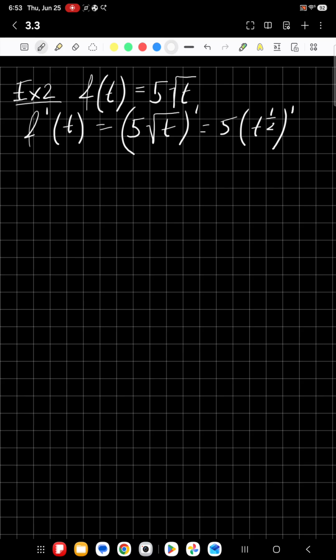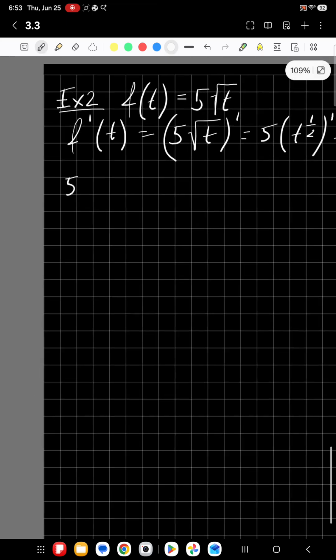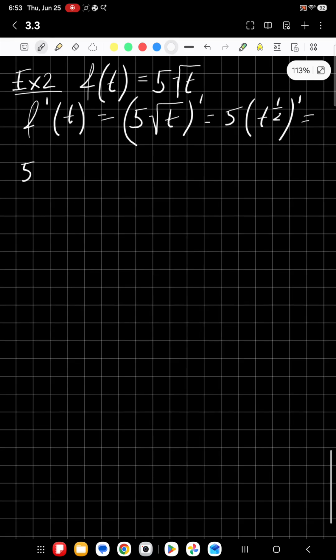Okay, so let's take the derivative of t to 1 over 2. Okay, so I have 5 in the front, and then that's going to be times, so I have, let's do it like this. So a half. That exponent goes to the front. And now it's going to be t to the half minus 1.